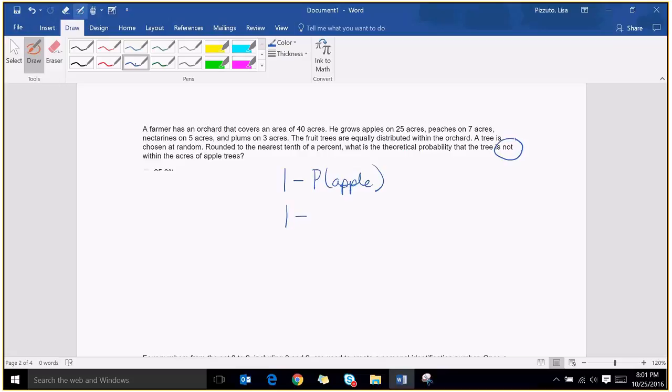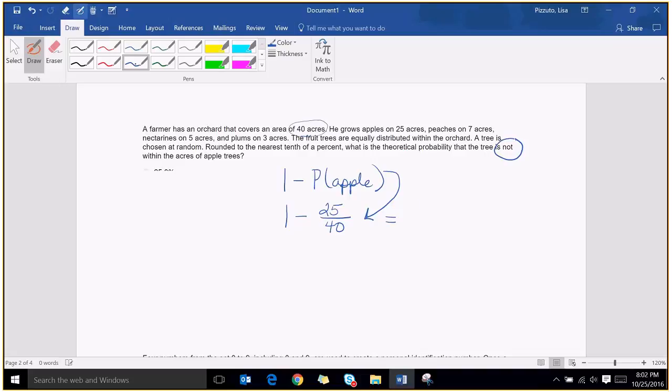How would I figure out the probability of being in the apple orchard? All 40 acres. No, not all 40 acres are apples. How many are apples? 25 acres, sorry, out of how many? 40. So that's the probability of being in the apple acres. So it could be 15.